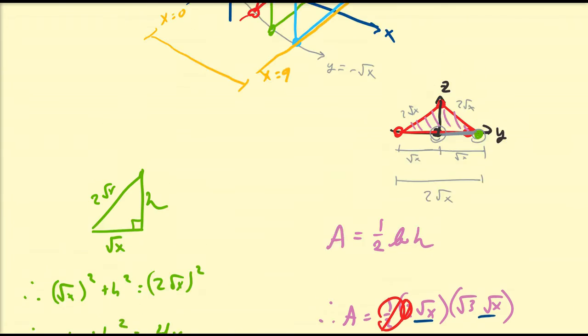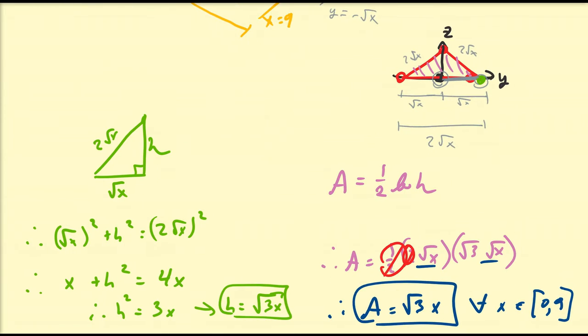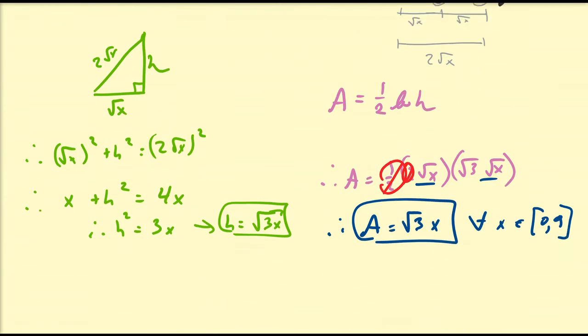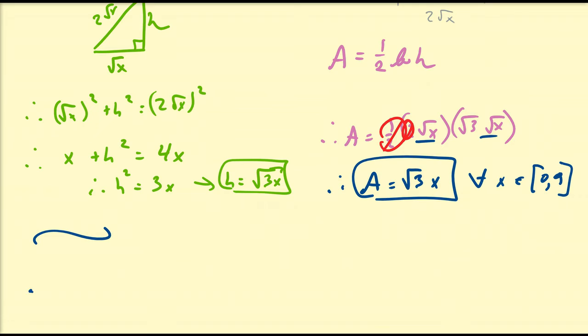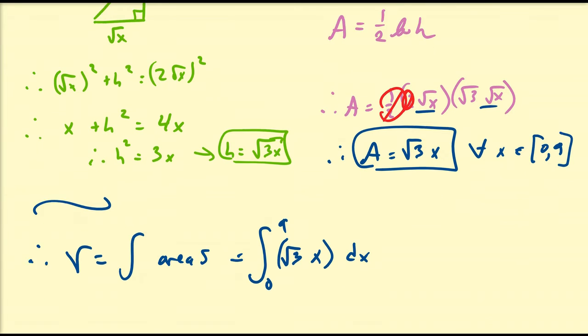So now I can look at the solid and add up all of those areas, which are generated by this area formula. So we know that the volume of the solid is going to be equal to the integral of the areas, which from this is going to be the integral from 0 to 9 of this area function, which is the square root of 3 times x dx.